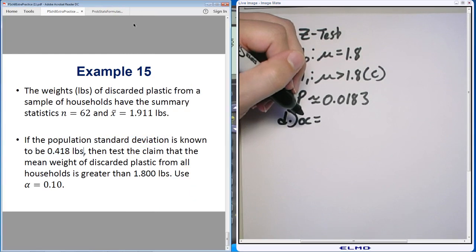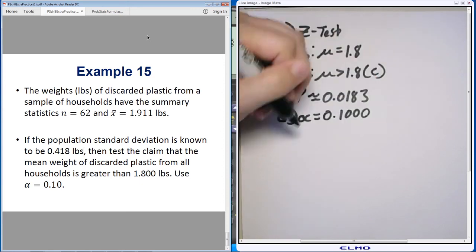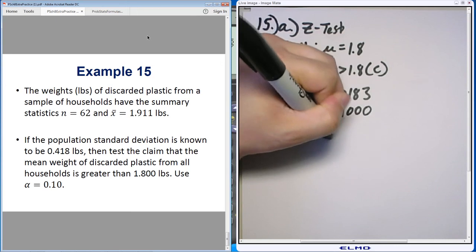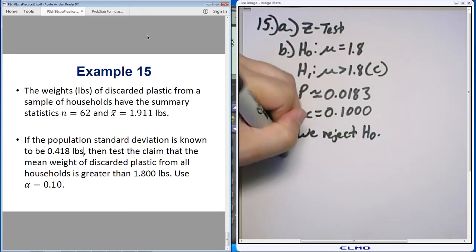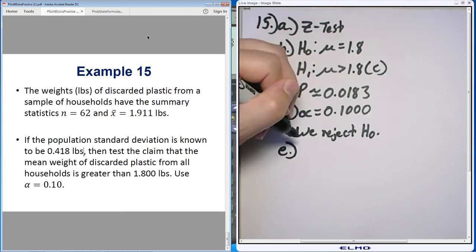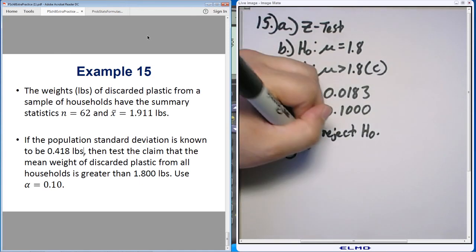So we're done with the calculator. Alpha is 10%. So alpha is bigger, and we reject the null hypothesis, H sub 0. Now to interpret. Since we rejected, there's enough evidence. Since H sub 1 is the claim, we use the word support. Here we go.